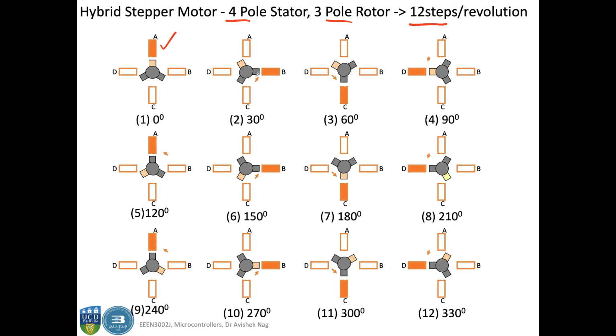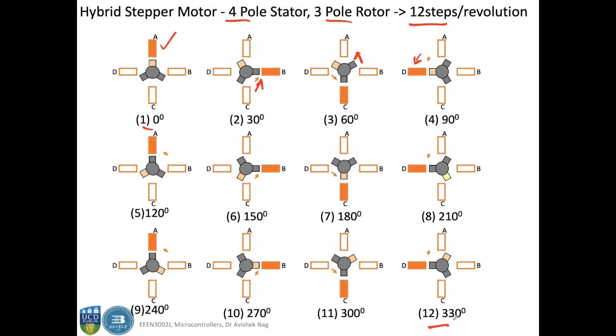Then if your B is activated, it moves 30 degrees towards this direction, and then if your C is activated, it again moves 30 degrees, and then if your D is activated, it moves 30 degrees, and so on. So it moves in increments, or steps, of 30 degrees, and you can have 12 such steps.